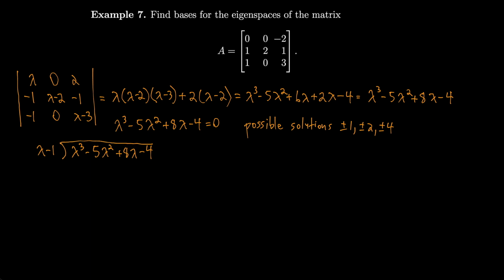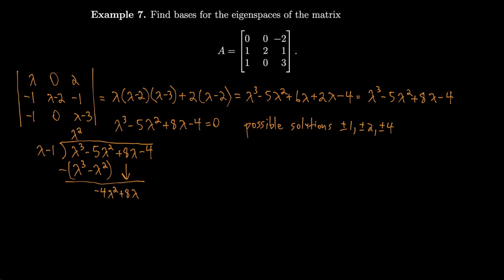Okay, so I will put lambda into lambda cubed. It goes in lambda squared times. And I end up multiplying to get lambda squared times lambda minus 1 is lambda cubed minus lambda squared. Subtracting that gives me, let's see, minus 4 lambda squared. And then I'll bring down the 8 lambda.